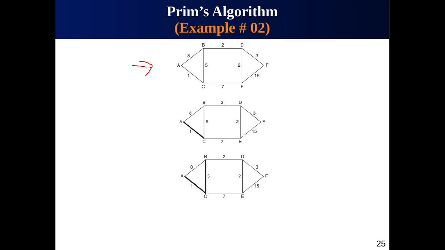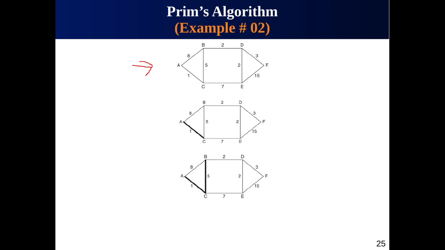For example, this is a bit technical, but let me share with you that if all the edges have distinct weights, the weights of all the edges are unique, there is no duplication in the weights, then both the algorithms are guaranteed to find the same minimum spanning tree.